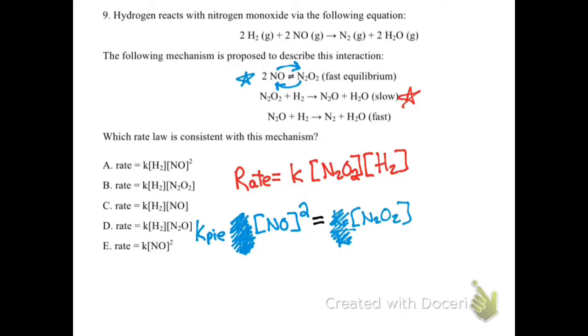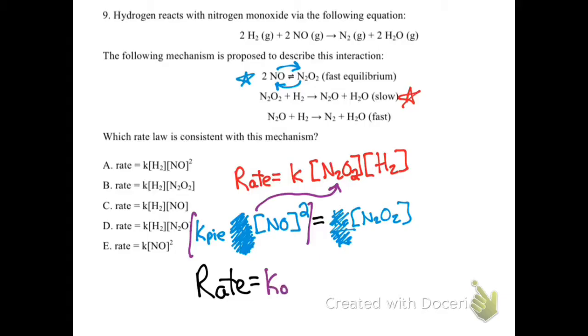We just need to substitute this in for our intermediate because they're equivalent. So we get our overall rate law, which is going to be rate is equal to a constant times a constant. What is that? Well, again, it's just another constant. We don't care what it is.